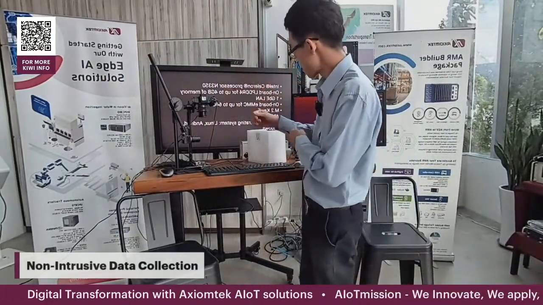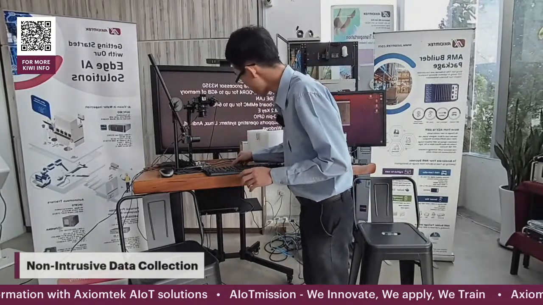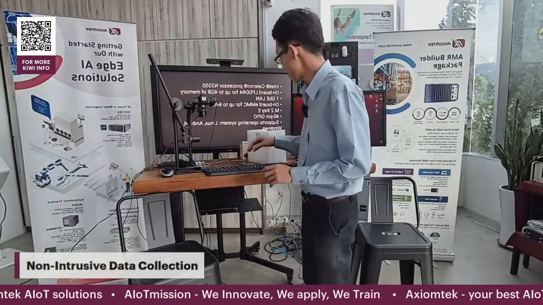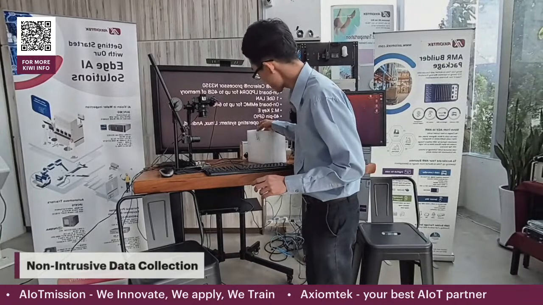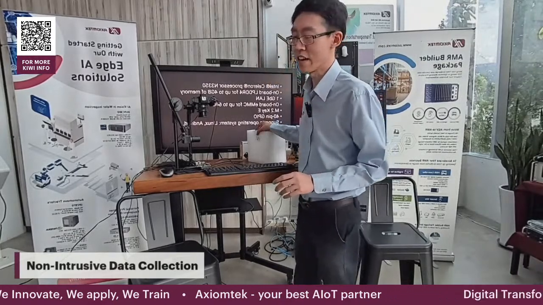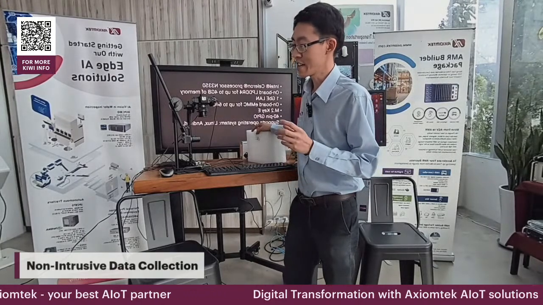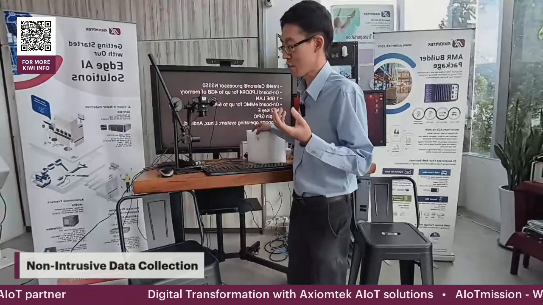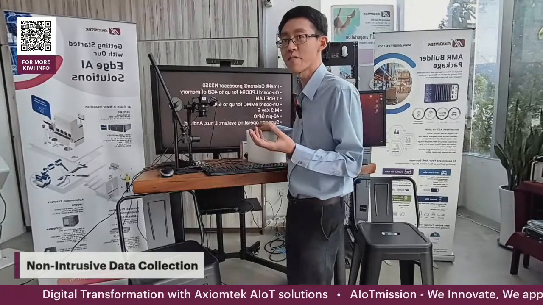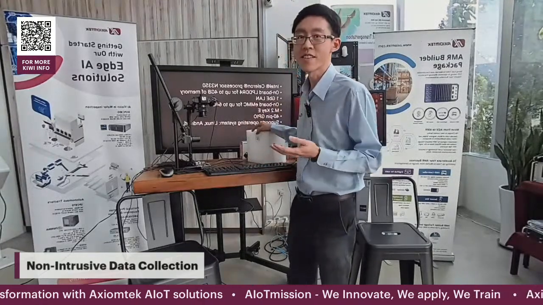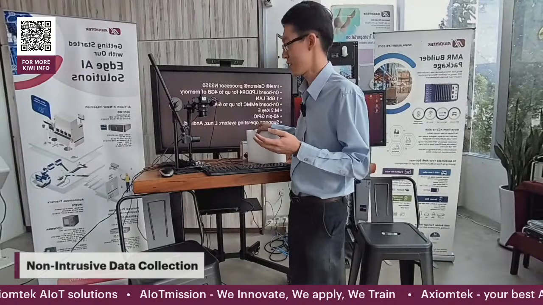For this non-intrusive analog meter reader, some of the factories are still using the analog type of meter, and they say they cannot allow other people to disturb their system at all because their system needs to keep running 24 hours every day.